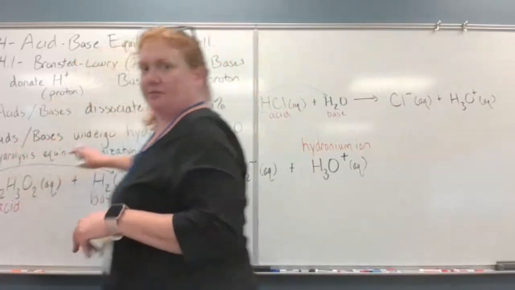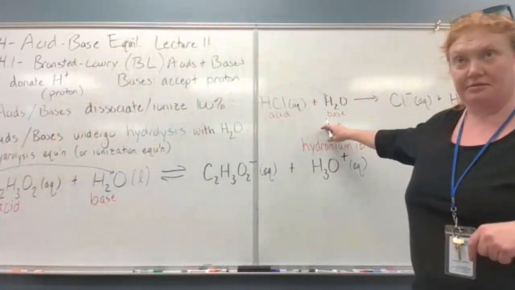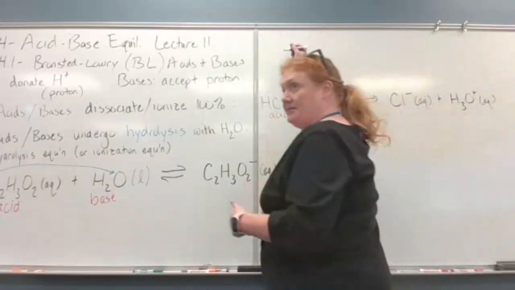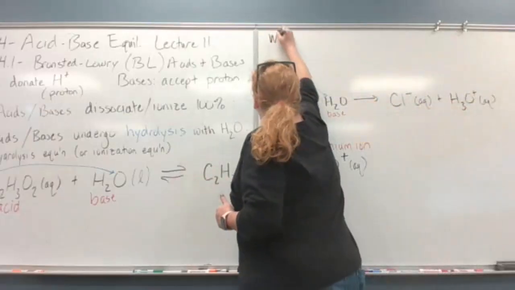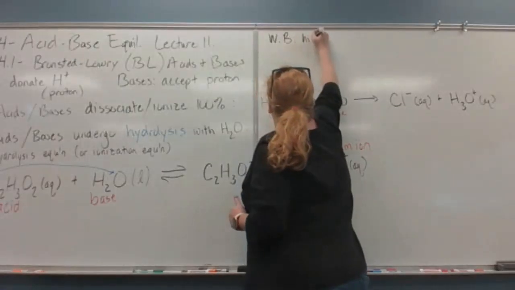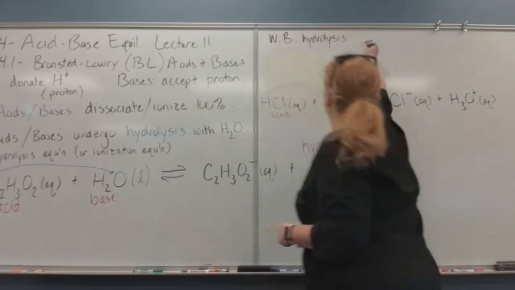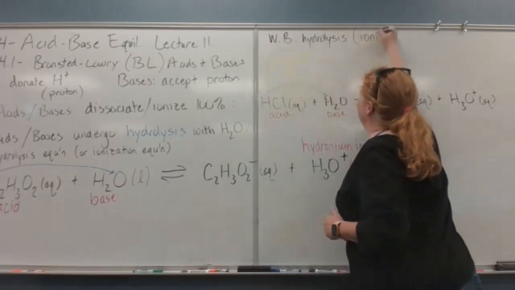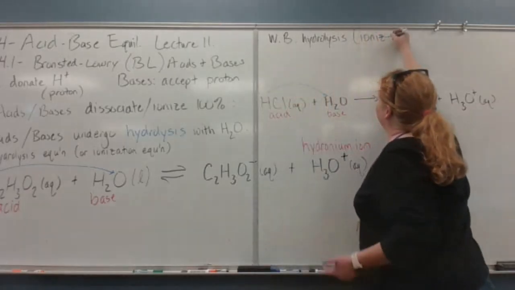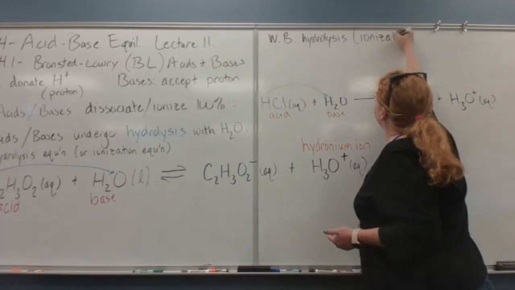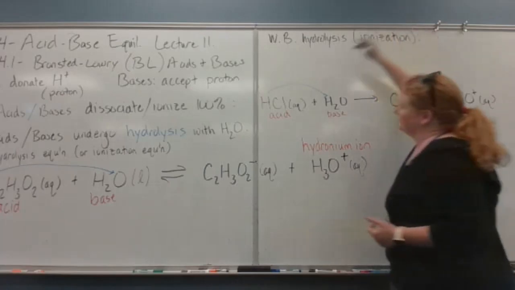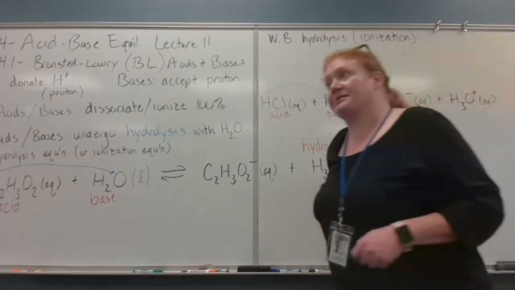So that was a weak acid hydrolysis. That was a strong acid hydrolysis. Let's look at a weak base hydrolysis. Or again, you might see it called base ionization, right? Here's your classic example.